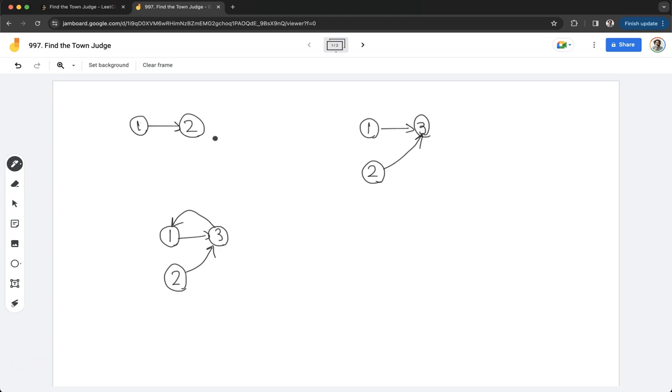If you look at these examples, in terms of a directed graph, we see that the judge should have an in degree of n minus 1, which means everyone should be trusting the judge, and an out degree of 0, which means the judge should not be trusting anyone else.